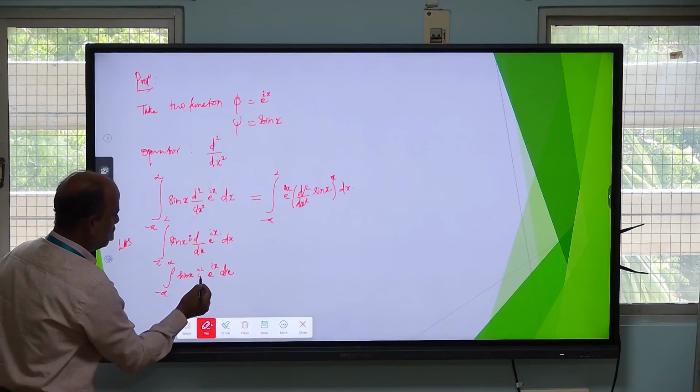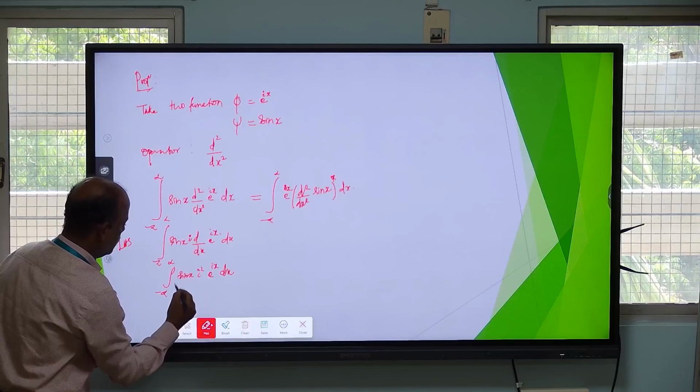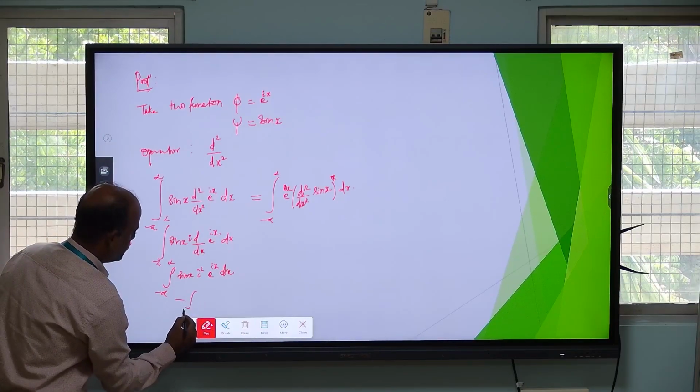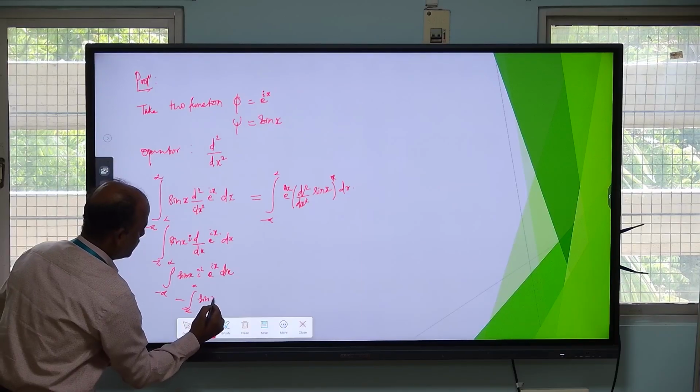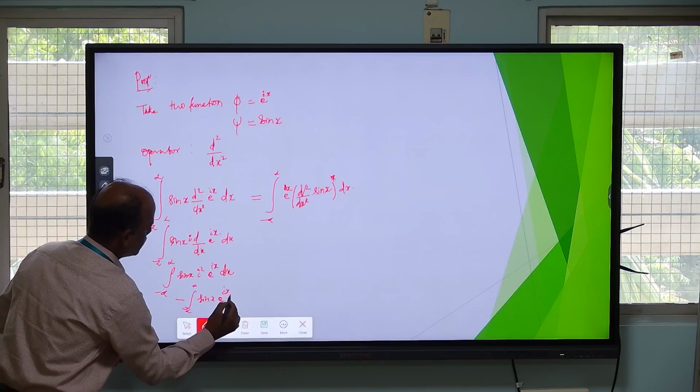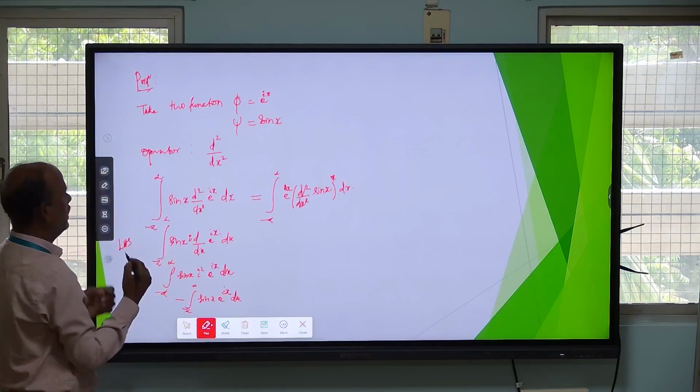I squared is nothing but minus 1, so that is minus the integration from minus infinity to plus infinity of sin x e power ix dx. This is the left hand side.